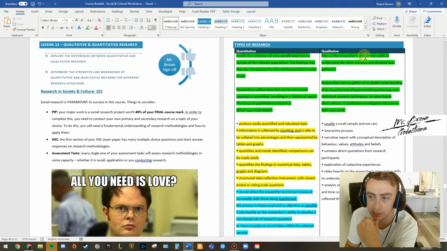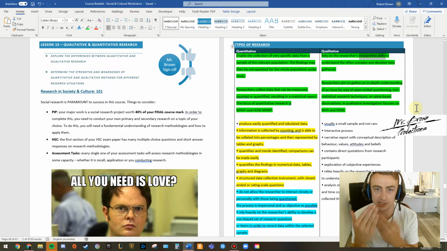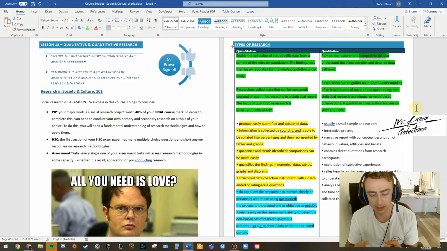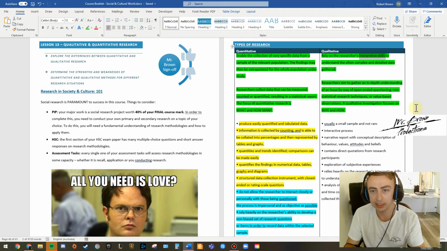When we say interpretive skills, a qualitative research method might be interviewing someone, and you have to be able to interpret their body language, like I said earlier, and the tone of voice, as well as what they're saying. That can be complex and detailed. If you're trying to extrapolate that in a research report, with quantitative data it's much easier just to say 10% of people said this.